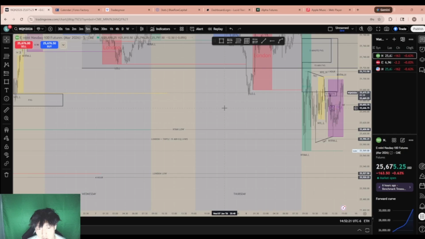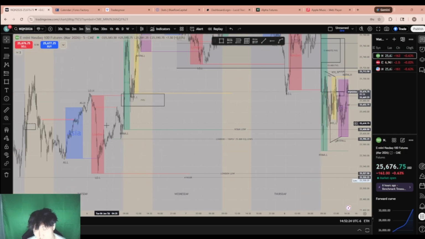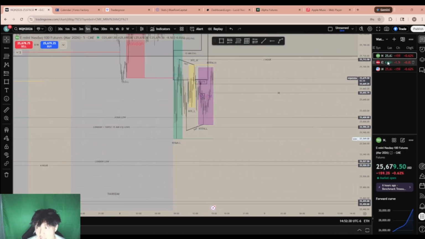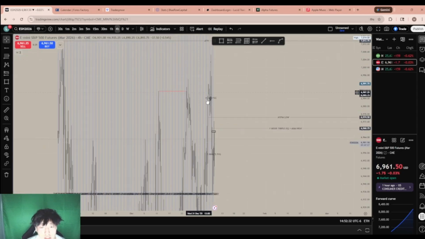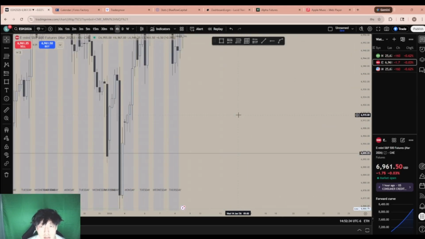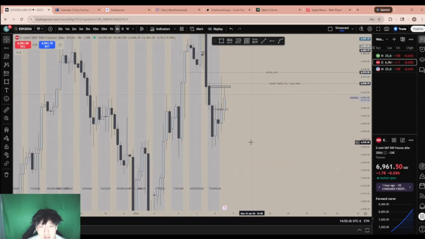Like even right here, this 4-hour order block and 4-hour breaker block pair combined with this liquidity sweep, SMT. Let me just look. Looks like they both got hit. But Nasdaq didn't invalidate its breaker block that it had.